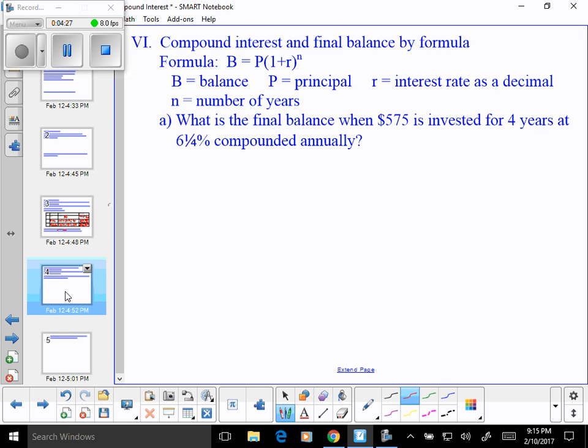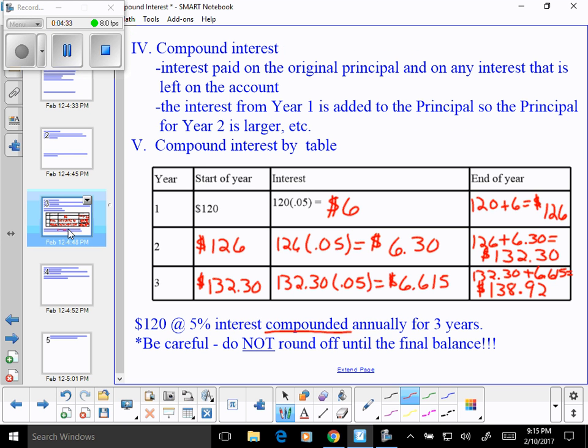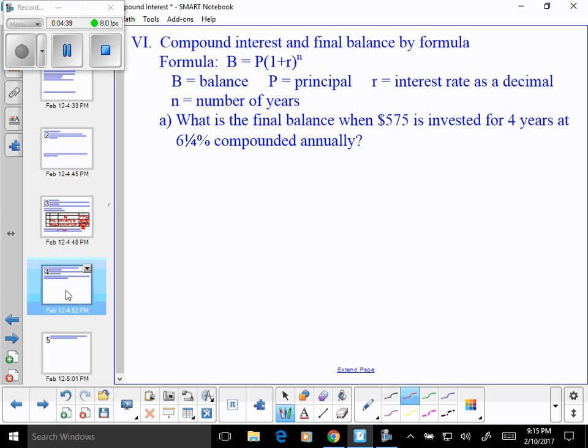Most of the time, we are going to calculate compound interest, and what we end up doing is finding that final balance. In other words, we're going to find out what ends up in this box by using a formula.